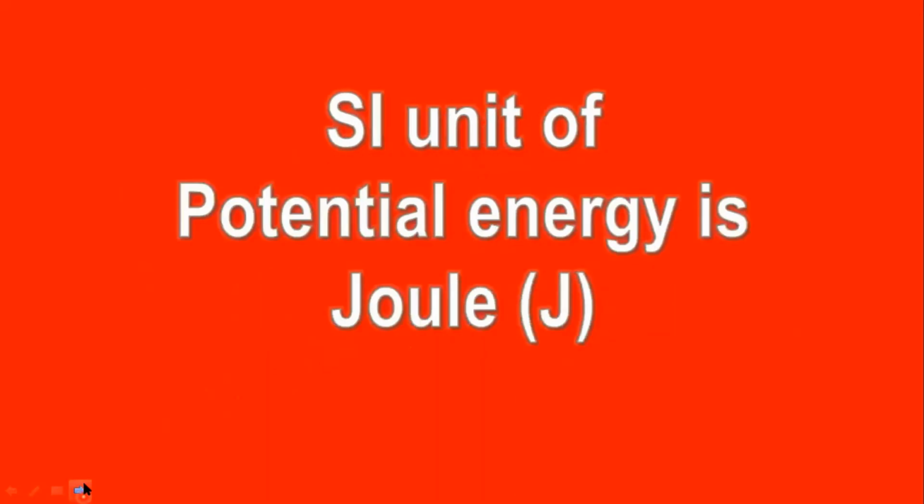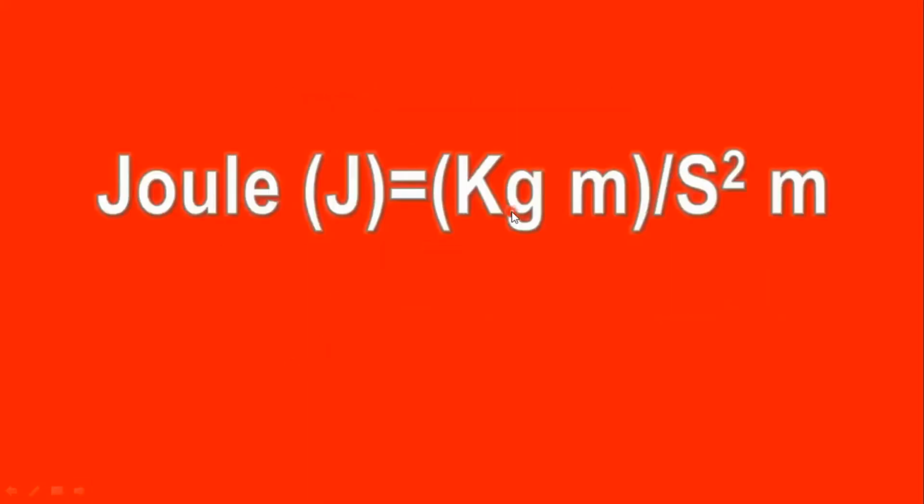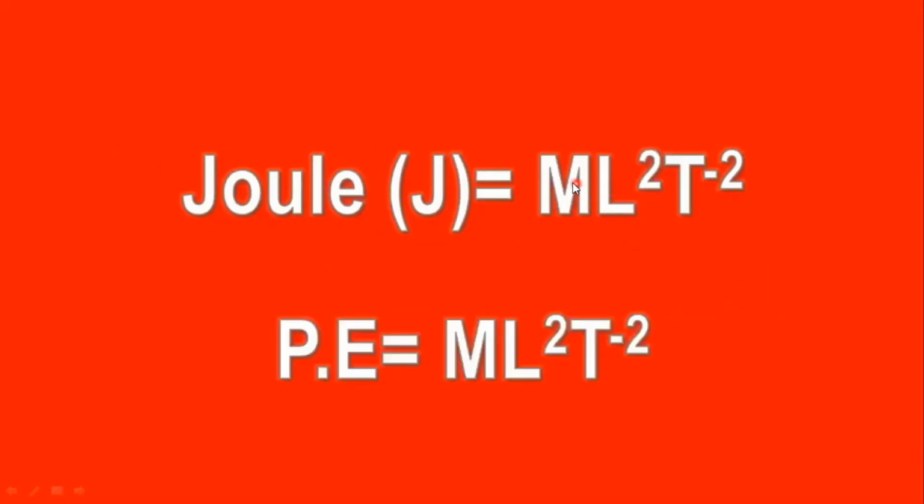Next, we start from the left hand side. The SI unit of potential energy is Joule. The Joule can be defined as Newton meter, and Newton meter can be defined in this way. We put the dimensions of all these quantities: kilogram is the mass, meter is the length, the distance, and this is the time factor.